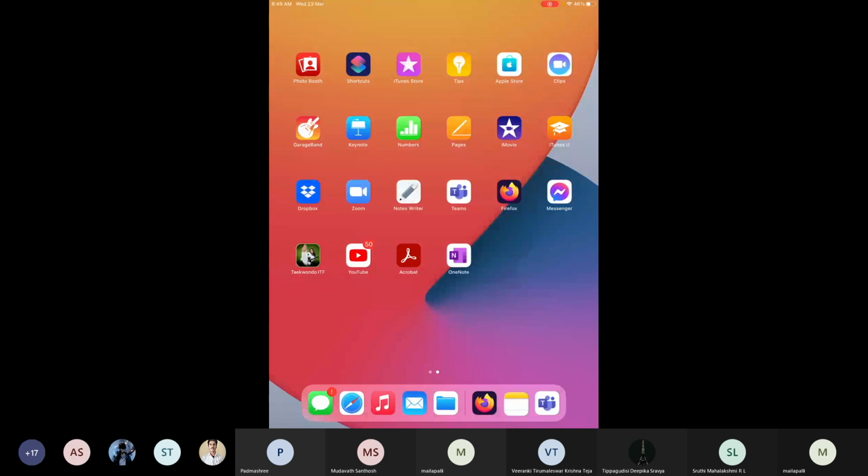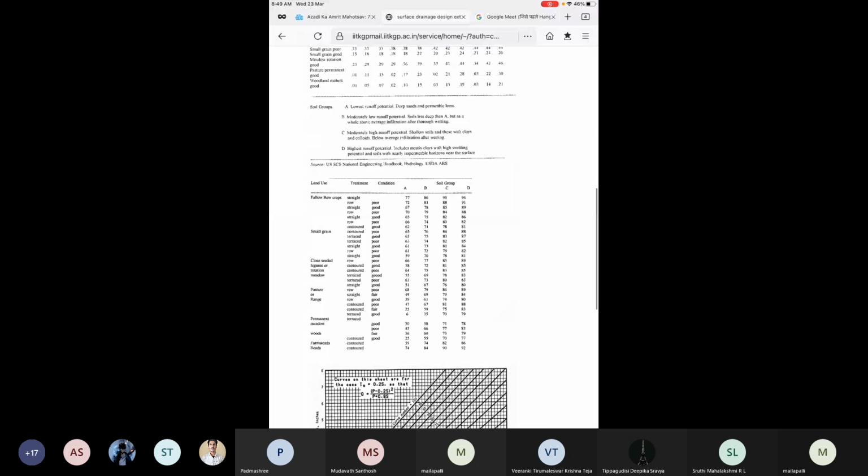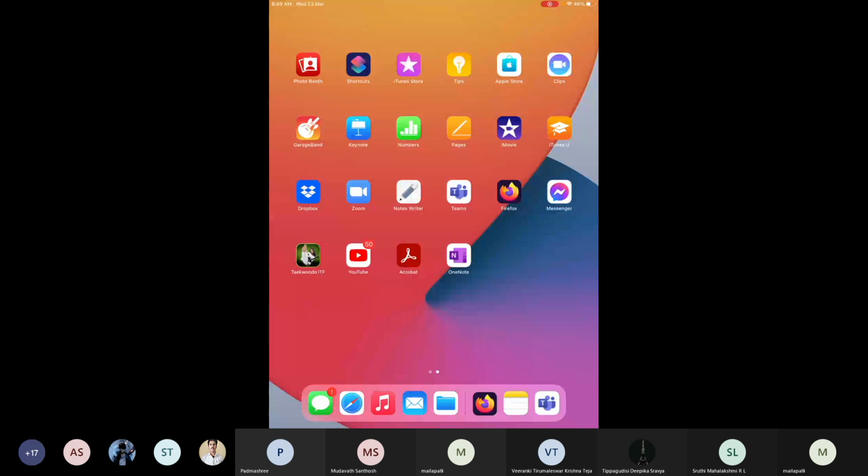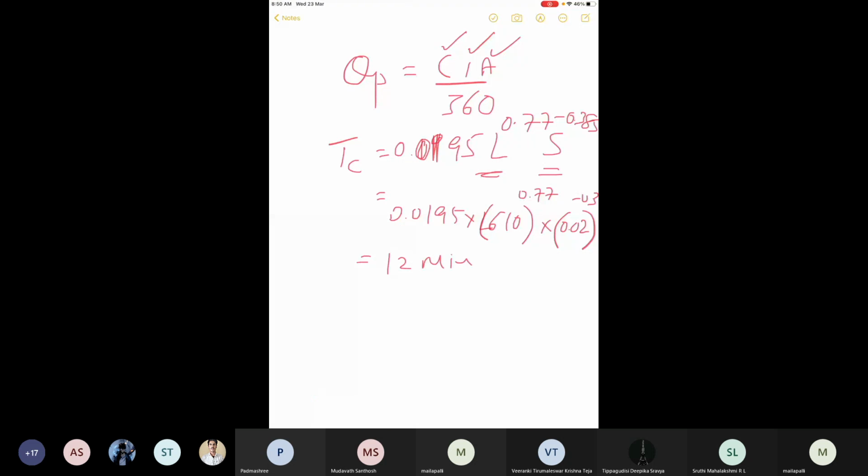So this is the TC, 12 minutes, and there is the rainfall intensity duration curve corresponding to the return period.